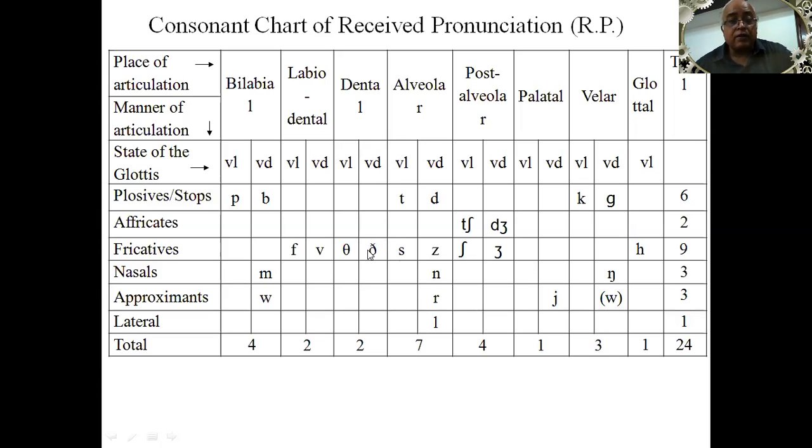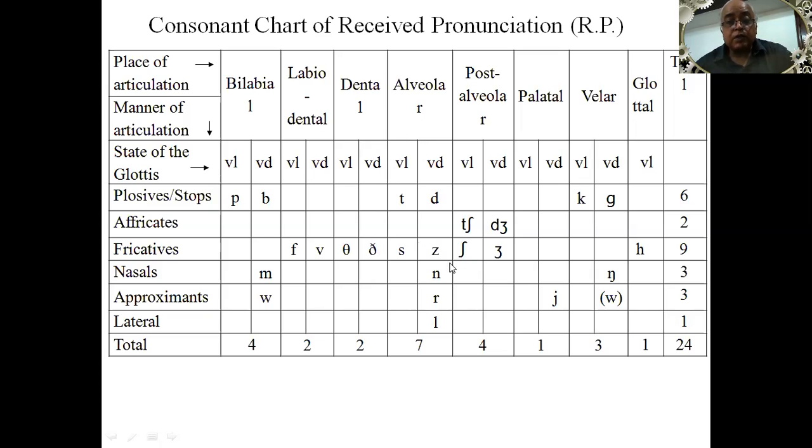Both these 2 dental sounds. Sa is not difficult for most of us. For some, there may be a difficulty. Z is a problematic sound for most of us, but no problem in recognizing these 2 symbols.